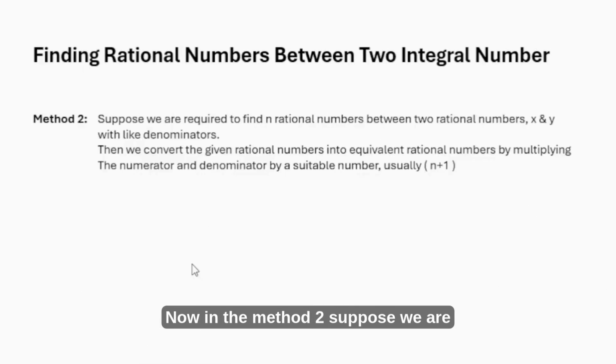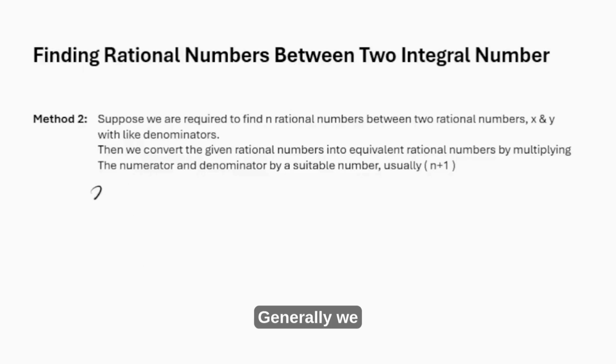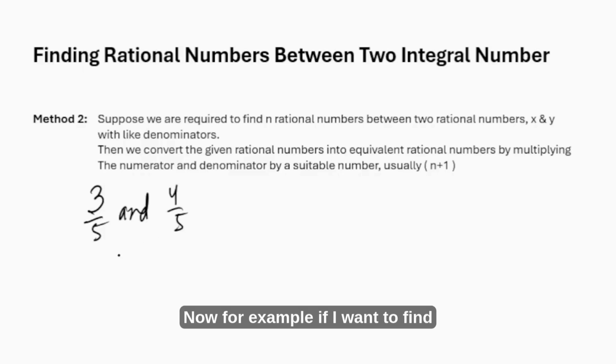Now in method 2, suppose we are required to find n rational numbers between two rational numbers x and y with like denominators. Then we convert the given rational numbers into equivalent rational numbers by multiplying the numerator and denominator by a suitable number. Generally, we use n plus 1. For example, if I want to find 5 rational numbers between 3/5 and 4/5, what will I do?